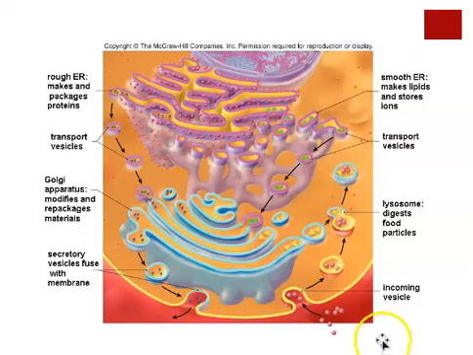So if something is coming into the cell and forming one of these transport vesicles, sometimes these become lysosomes. They mature and become a new organelle, a lysosome, so that this material that's coming in can be digested and sent out through the rest of the cell.